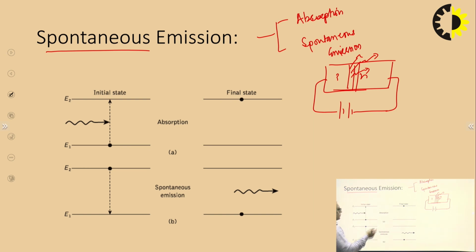Clear? Now start with the absorption. Let's say this one is the valence band and this one is the conduction band.